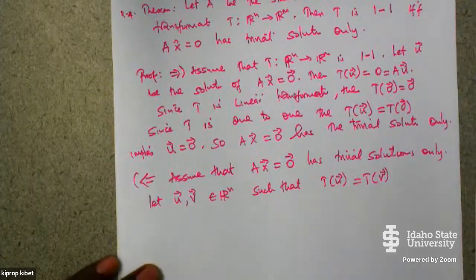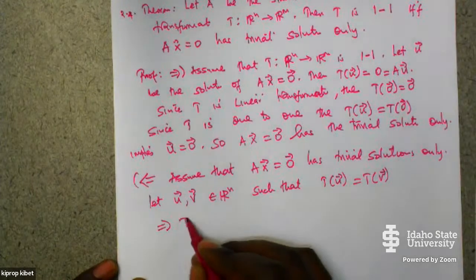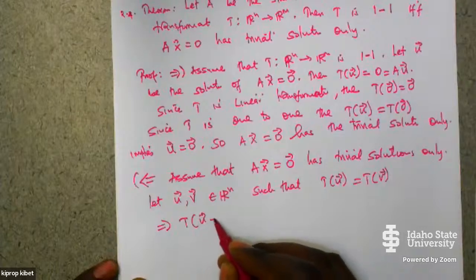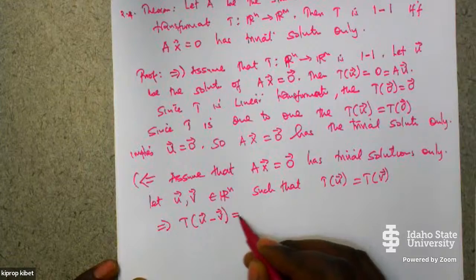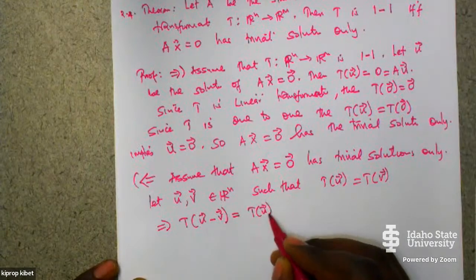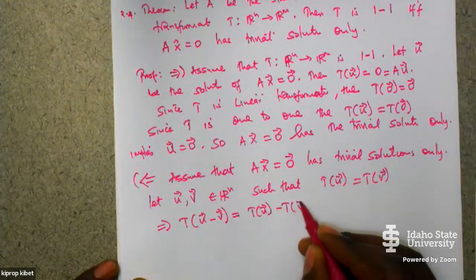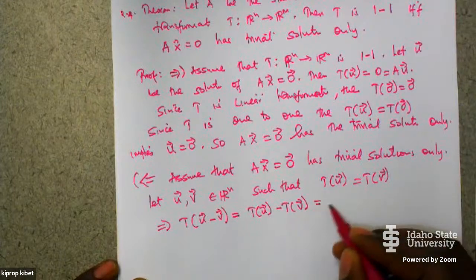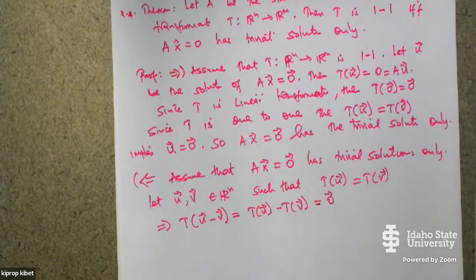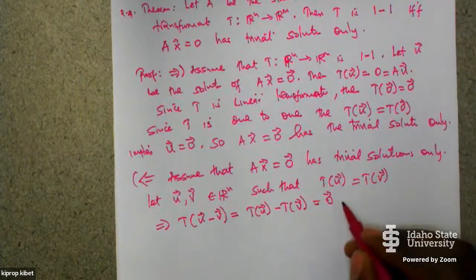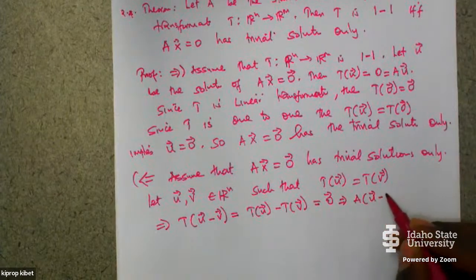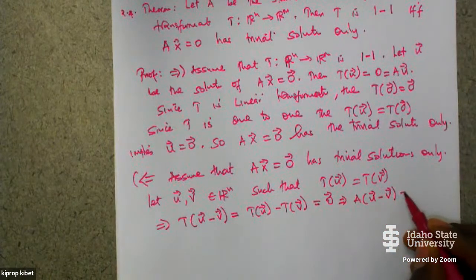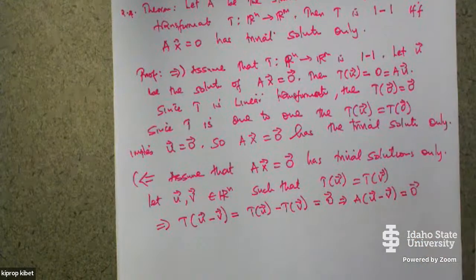Then T of u minus v is the same as T of u minus T of v, which is equal to the 0 vector. Then A of u minus v is also the 0 vector.